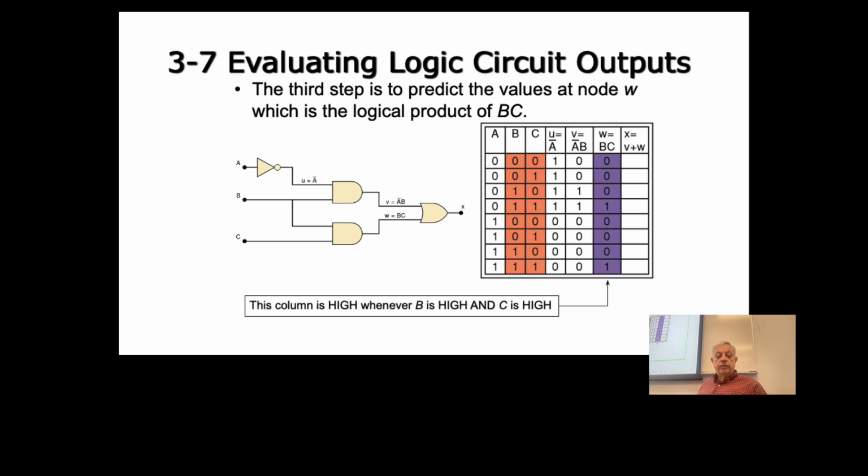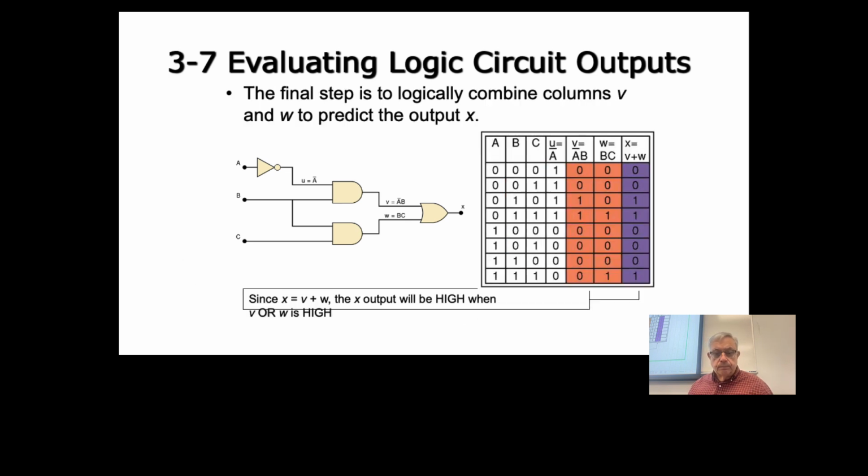The last question we've got is, if V is equal to A naught B, that's this column, and W is equal to B and C, so I go to B and C, and I go to A naught B, and I put those two together.